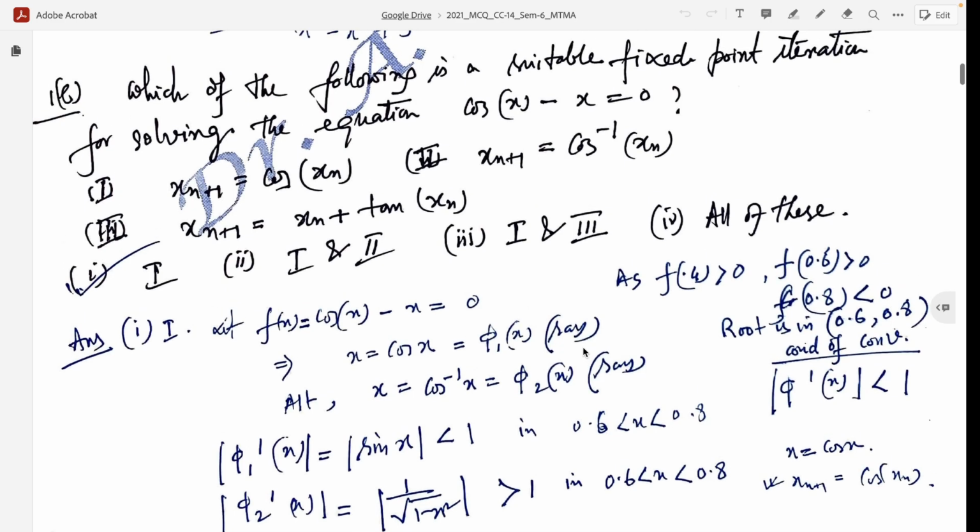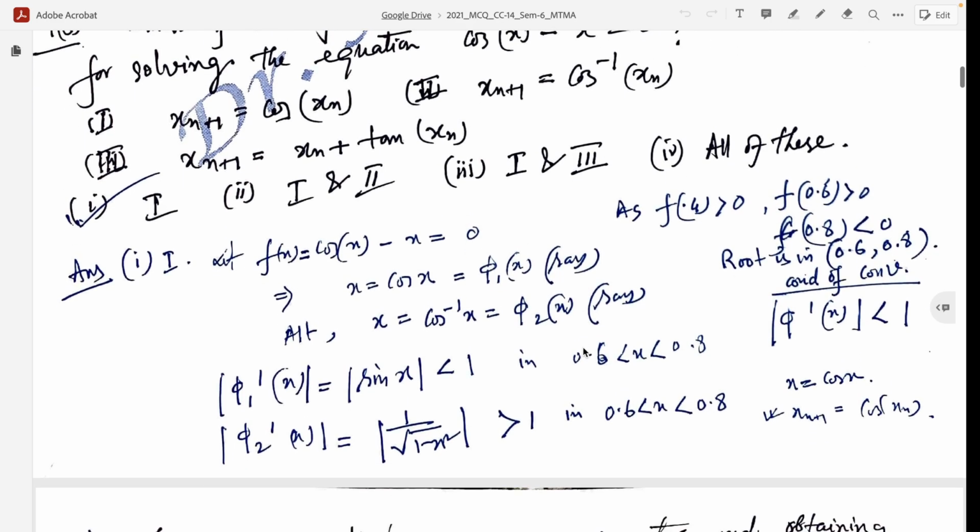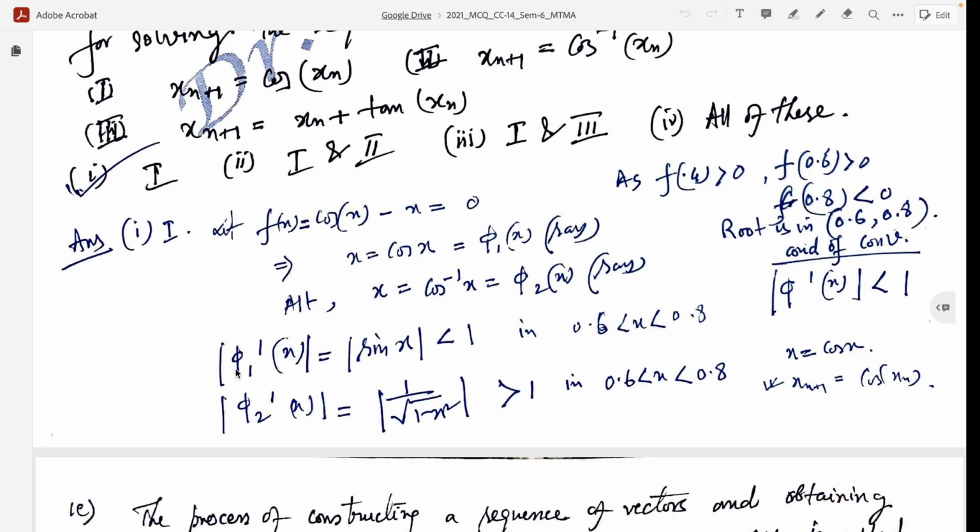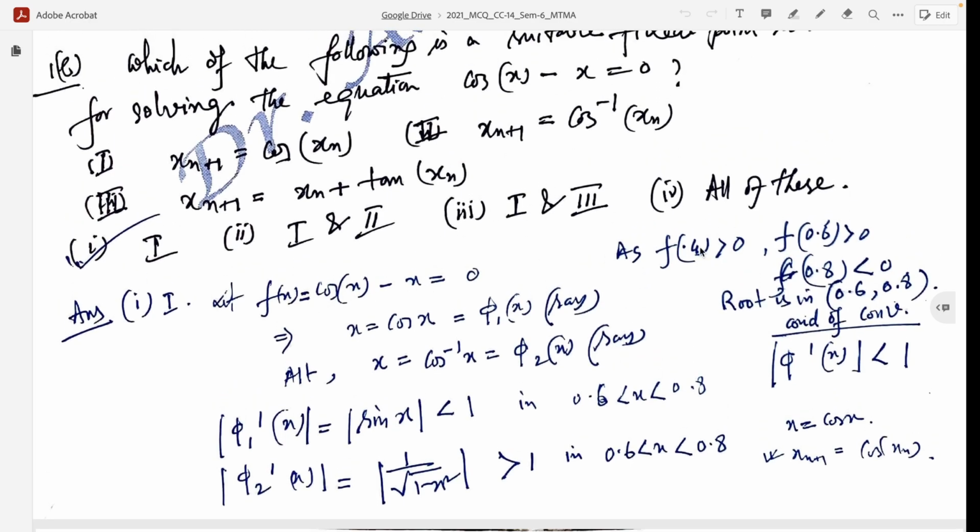Now, for fixed point iteration, we know that the modulus of phi 1 dash x or phi 2 dash x should be less than 1 in the interval 0.6 less than x less than 0.8, because here the function f(0.4) is positive, f(0.6) is positive and f(0.8) is negative.